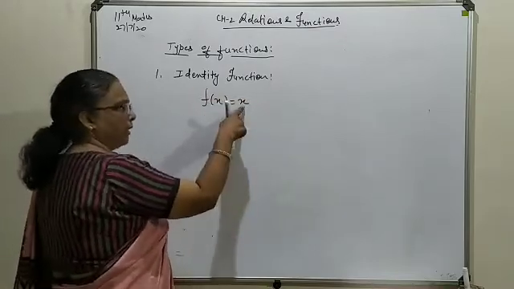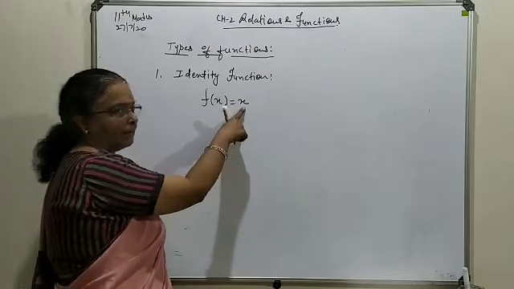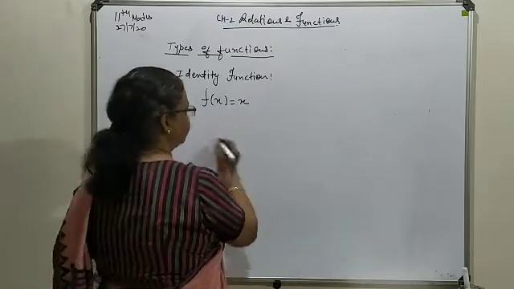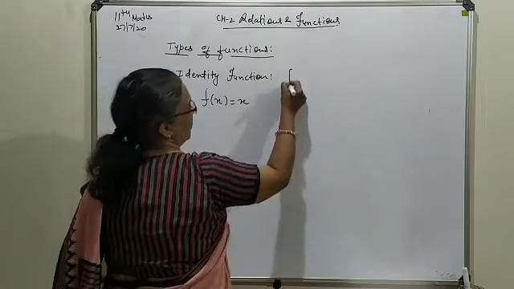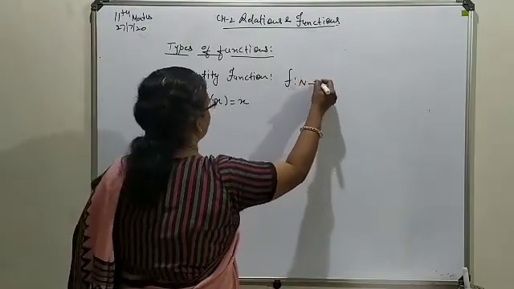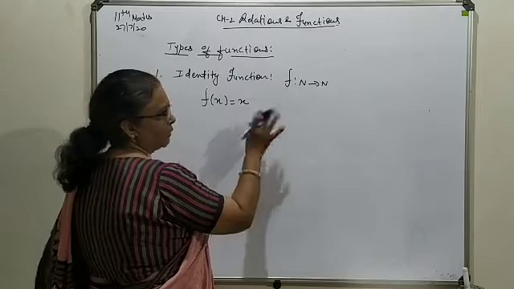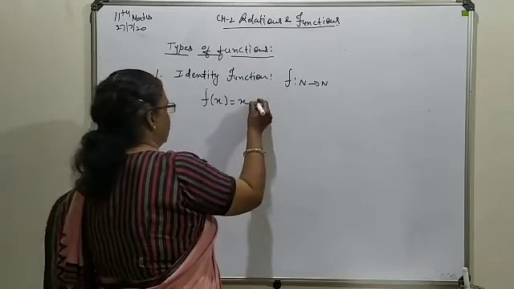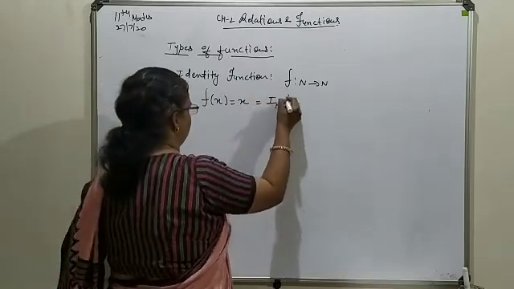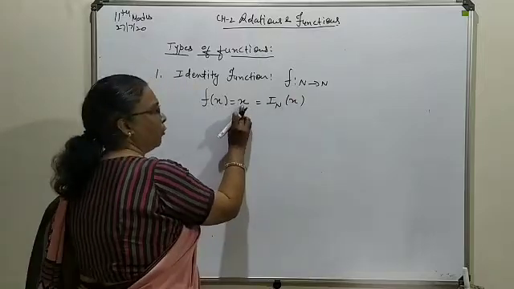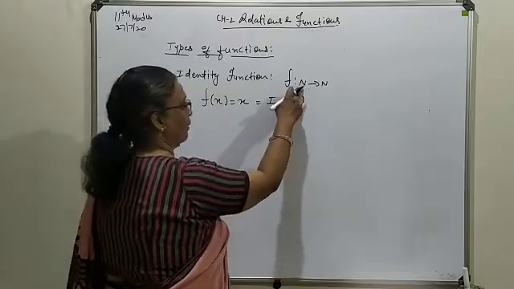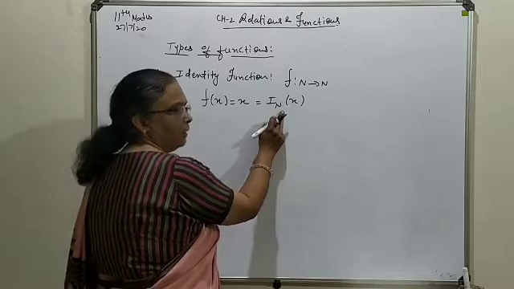Whatever x you write, the answer comes out the same. In the normal case, if your function is defined from N to N or Z to Z, it can be written as I_N(x), meaning whatever value of x in N you write, you get the same answer.